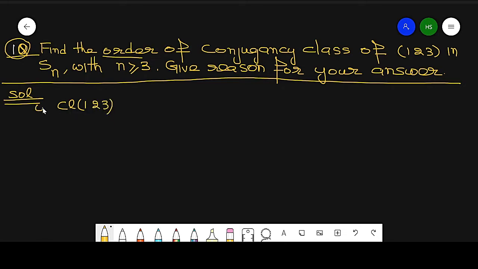So what is the order of the class of (1 2 3)? It is the number of cycles of length 3.